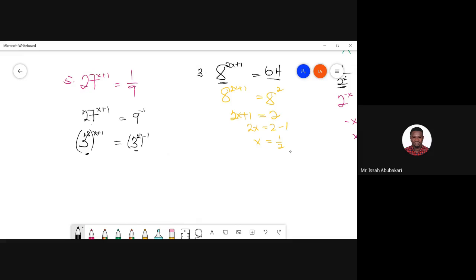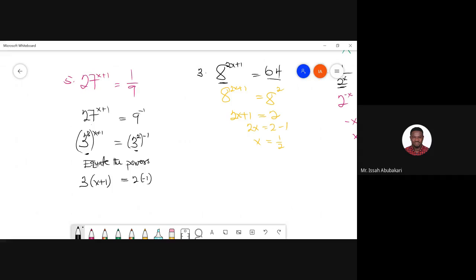So we equate the exponent or the powers since the bases are the same. So you're going to have 3 times x plus 1 is equal to 2 times minus 1.